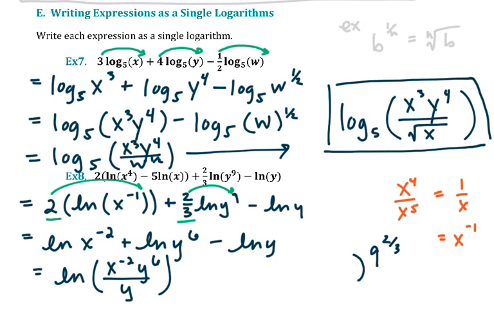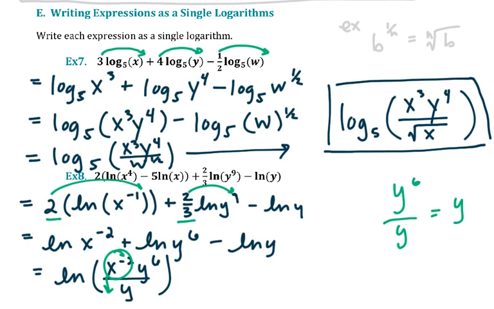I'm going to erase over here some of my scratch work that I did. And this we can simplify. The x to the negative 2 can go into the denominator and become positive. And then y to the 6th over y is going to be y to the 5th. And since that's positive, it'll remain in the numerator.